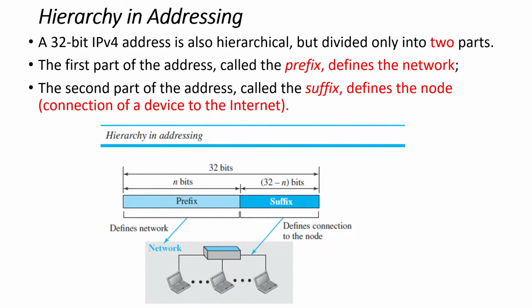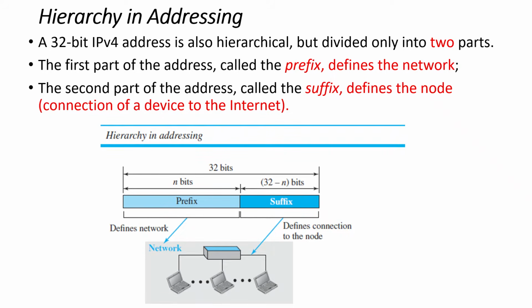Hierarchy in addressing. A 32-bit IPv4 address is also called hierarchical, but divided only into two parts. The first part is known as the prefix, which defines the network, and the second part is known as the suffix, which defines the node, that is the connection of the device to the internet.